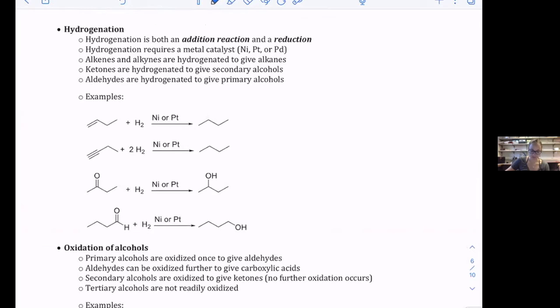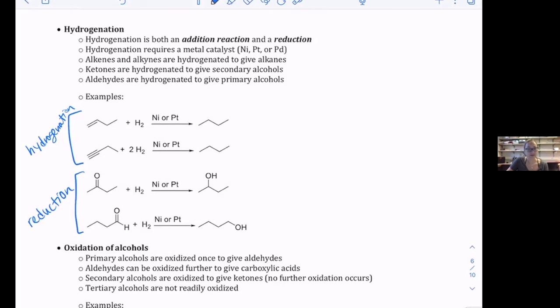Hydrogenation is a version of reduction. So we will call these hydrogenation, and these are called reductions. These all require some kind of catalyst, whether it be nickel, palladium, or platinum catalyst.